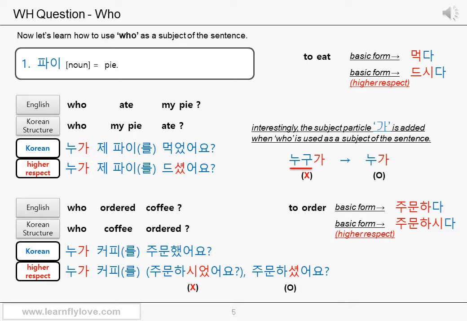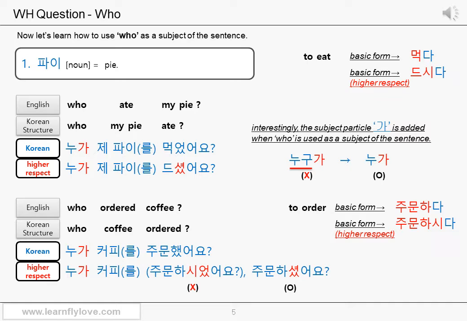But since the last letter of the stem 시 doesn't have a final consonant, the sound of it should combine with that of 었. So it became 셨, sound shut. 드셨어요. 누가 제 파이를 드셨어요? Very good.